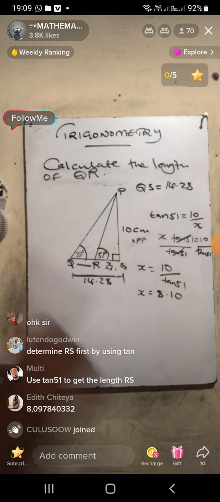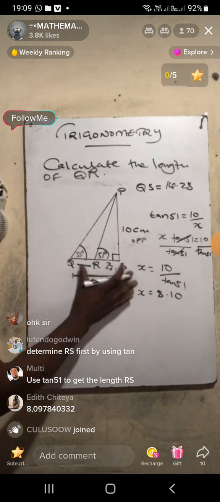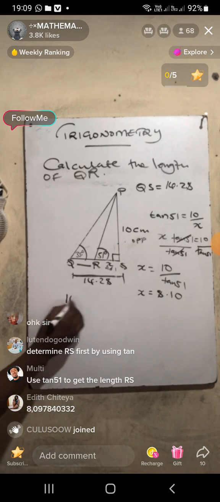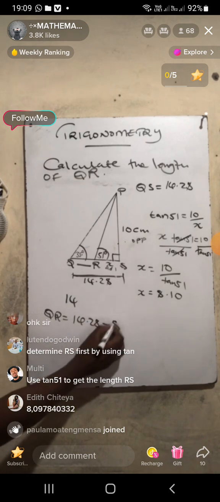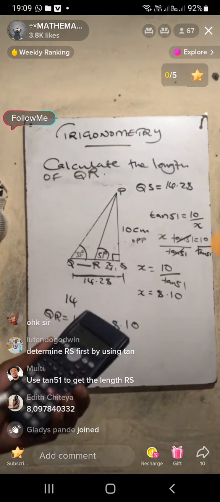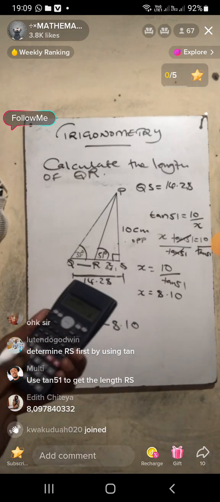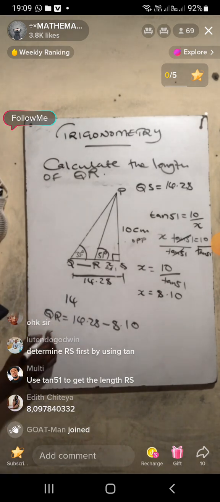So now, my good friends, we are going to subtract from the bigger length. We are finding QR. We say 14.28 minus 8.10. We can even compute without using a calculator.